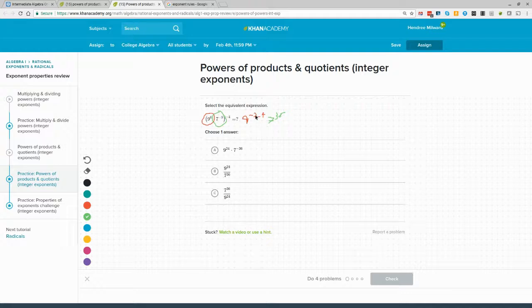But you see what's happened is this is the example of the negative rule. If you have a negative exponent, you can always turn it positive by changing its side of the denominator. So really what we're doing is we're making this 9 to the positive 24th by dropping it in the fraction here. Okay, so that's why this one's the answer.